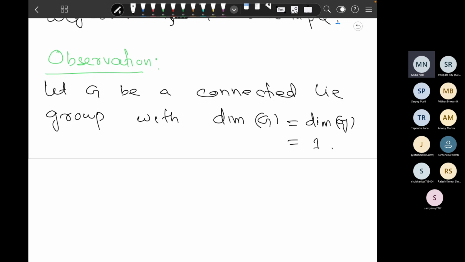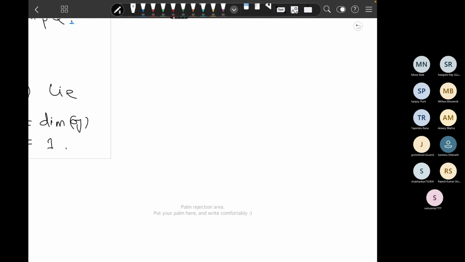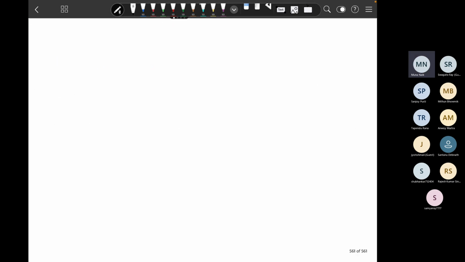If that is the case, then G is abelian. So that means we have shown that a connected Lie group is abelian if and only if its Lie algebra is abelian. Since the Lie algebra is abelian, this implies G is abelian.